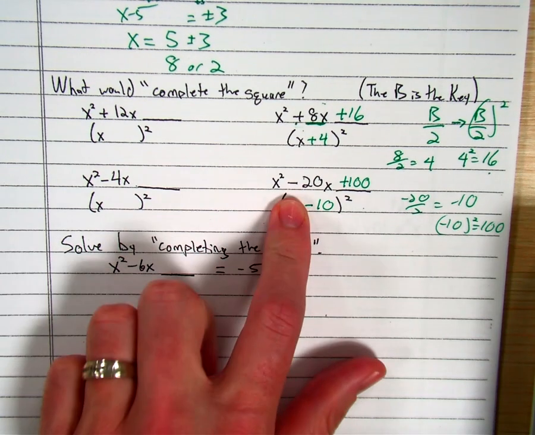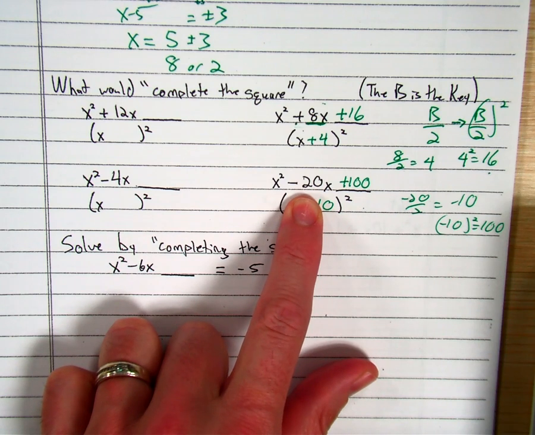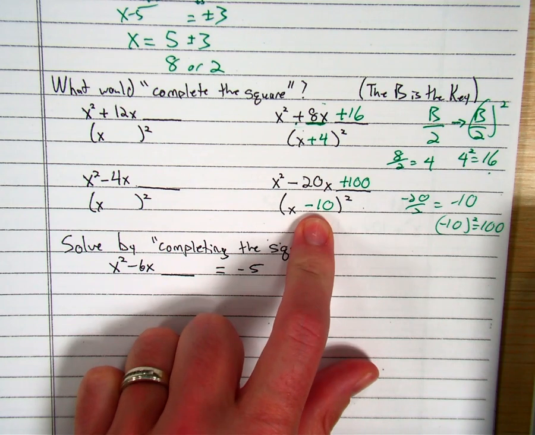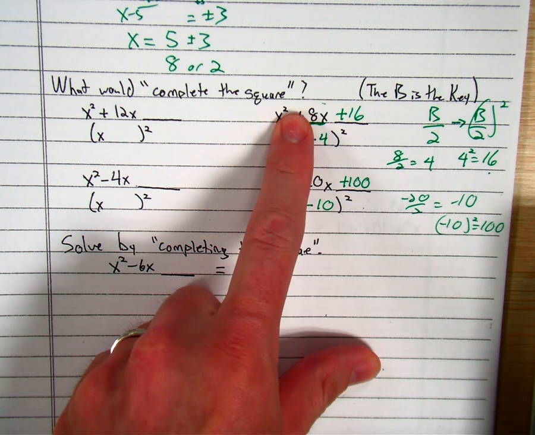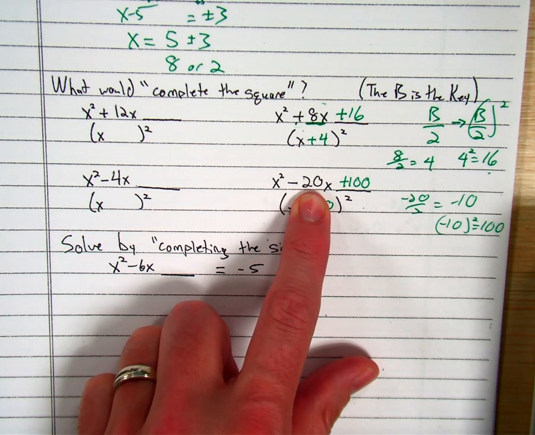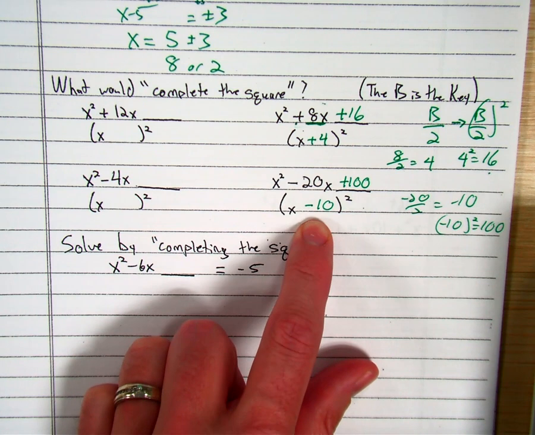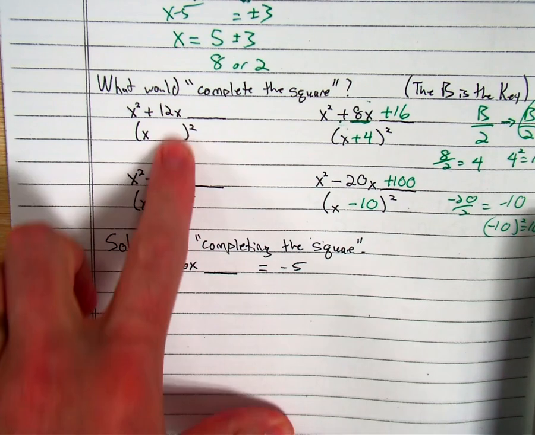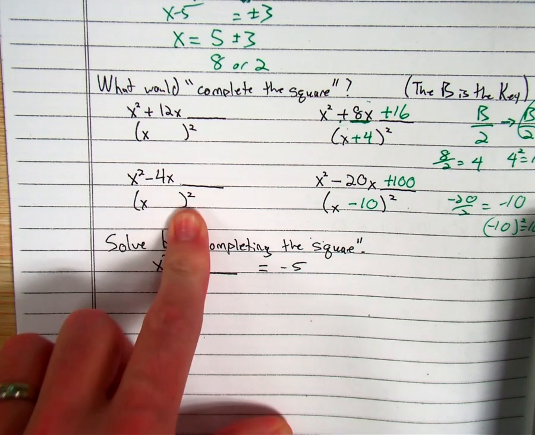Take your middle number, cut it in half, negative 10, square it, that's what goes here. Half goes down there. Now see, that was plus 8, and half was plus 4. Negative 20, half of that is negative 10. All right, why don't you go ahead and push pause and try the 2 on the left.